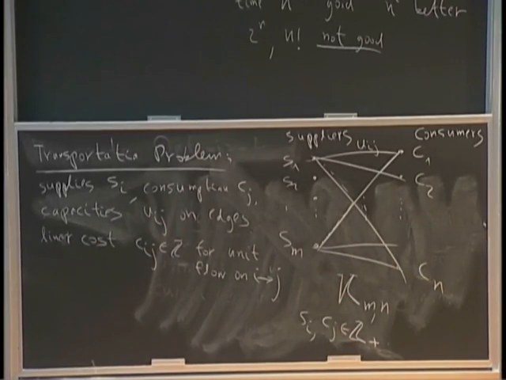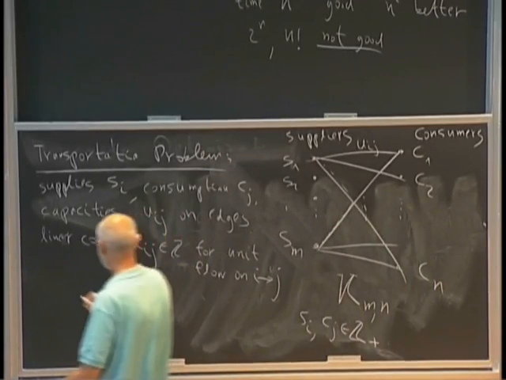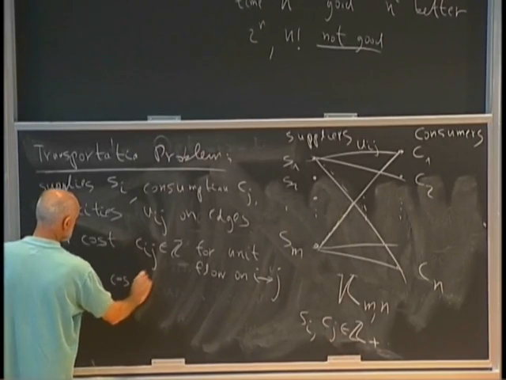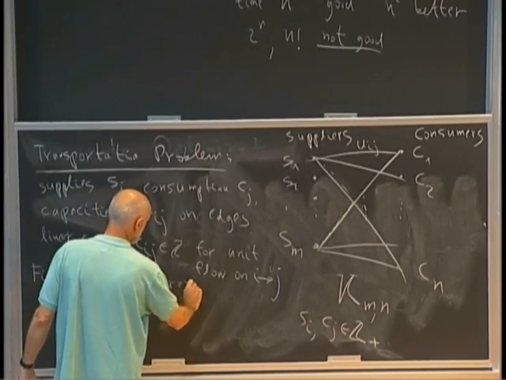This is the problem. So is the problem clear? We want to find the minimum cost flow, or transportation. The problem is to find the min cost transportation.